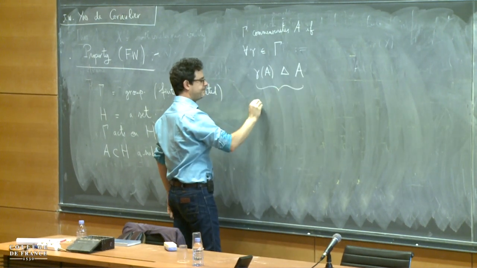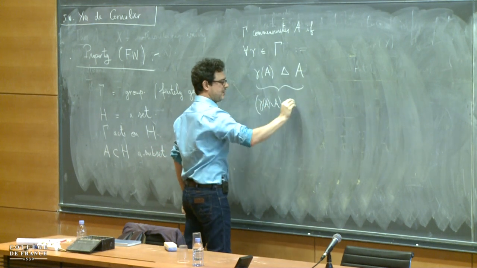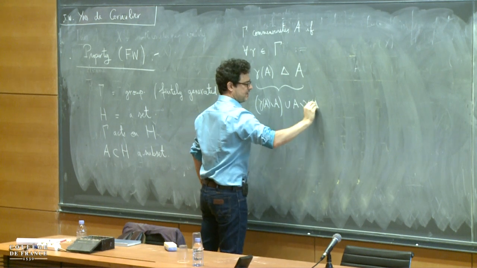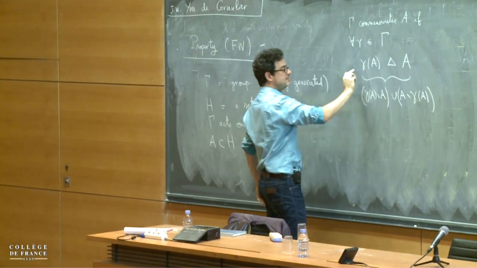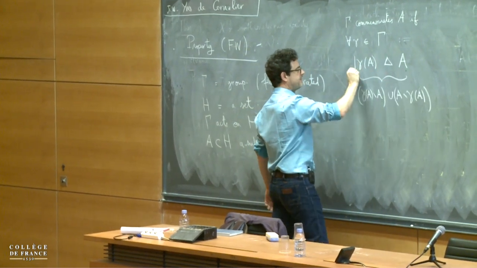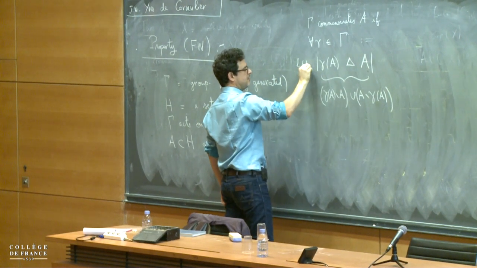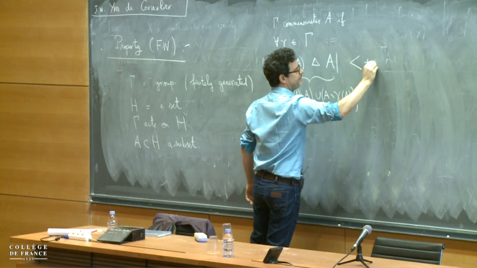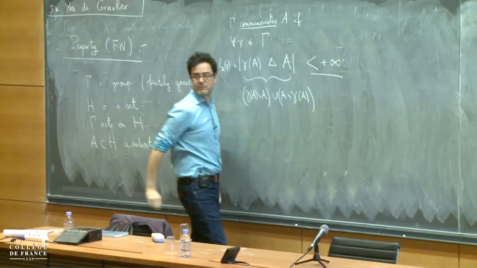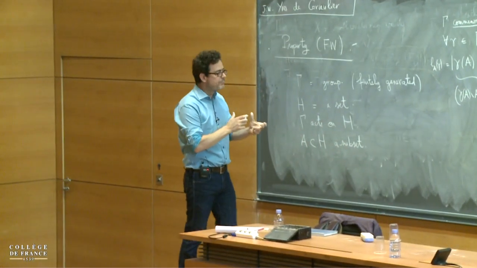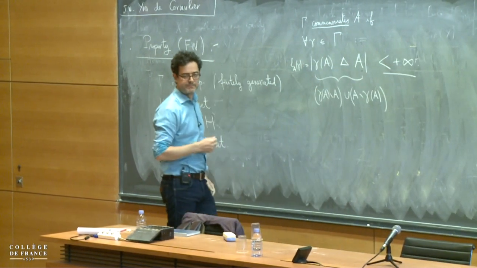So this is just gamma of A minus A, and you take the union with A minus gamma of A. So you look at the difference between the two sets, then the number of elements in this difference is finite. Let me call it LA of gamma. Okay, so commensurating means this inequality. You cannot move A far apart from itself in such a way that the difference is infinite.